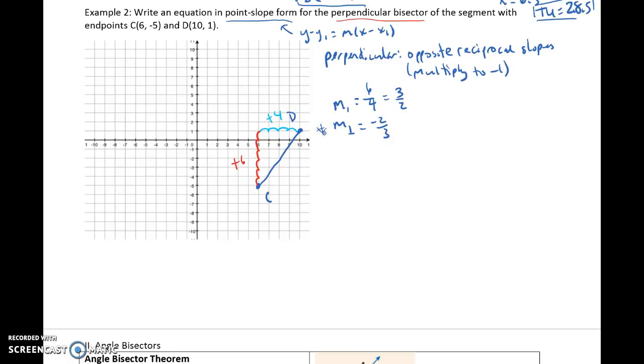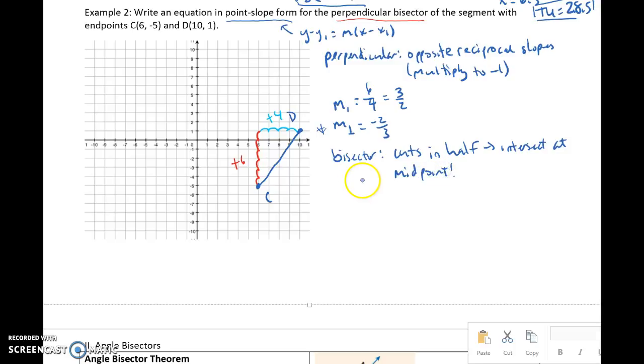Then we need to think about the bisector. So remember, bisector means it cuts in half, which means it'll intersect at the midpoint. So we're going to want to find the midpoint.